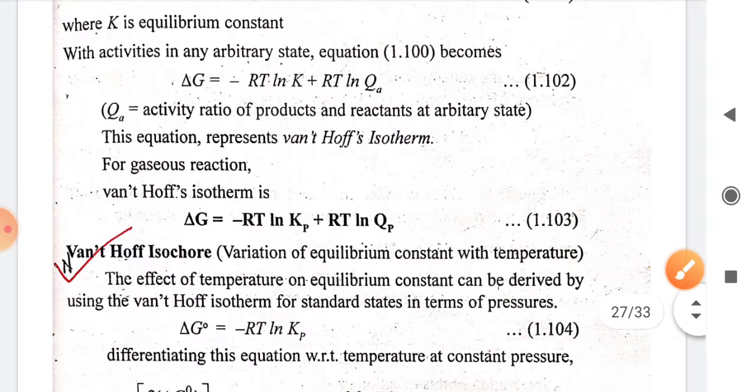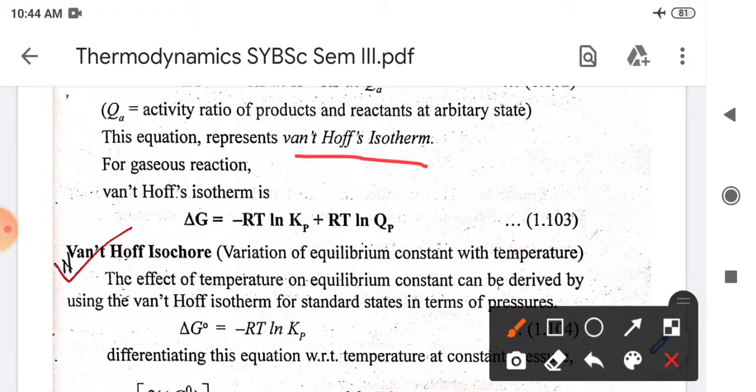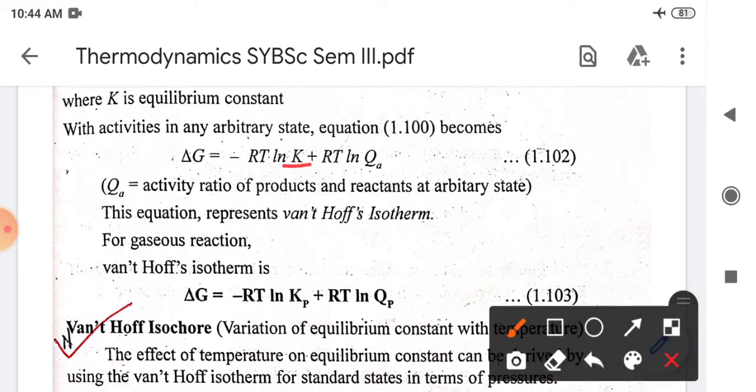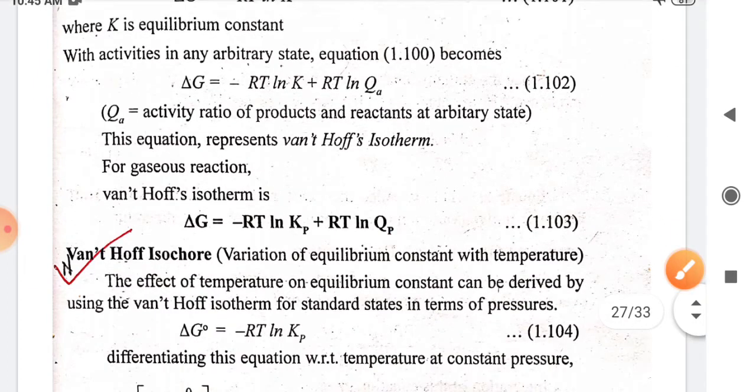So this equation represents the Van 't Hoff isotherm. For a gaseous reaction we can specifically say that instead of the equilibrium constant K, we have Kp, which is related to the partial pressure of gases, and Qp is the reaction quotient for the partial pressures of the gases. That is the Van 't Hoff isotherm.